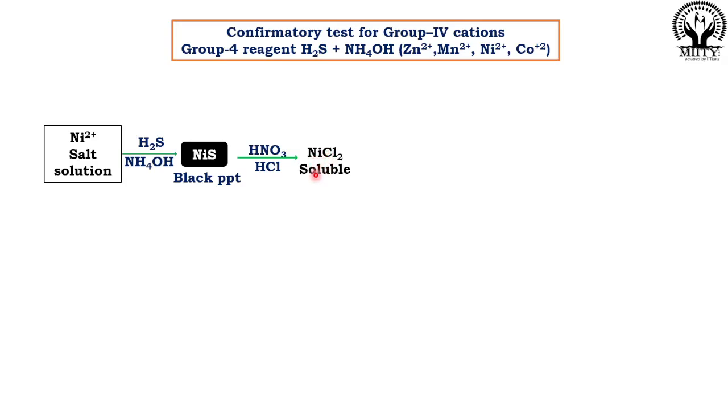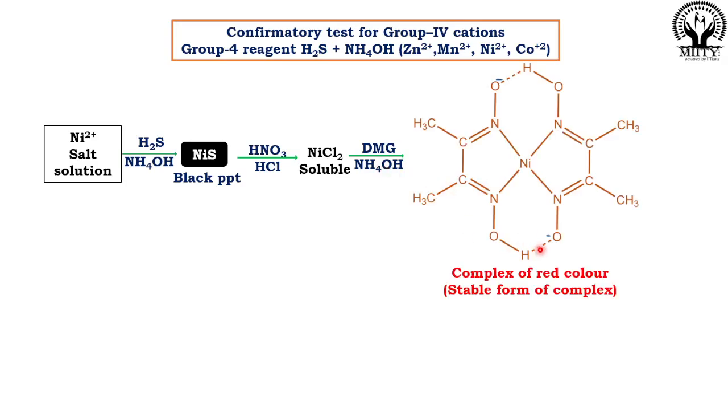To this nickel chloride solution, we add dimethylglyoxime in the presence of ammonia so that it forms a nickel complex, and the complex color is red. If you see the structure, four nitrogen atoms are connected forming dative bonds, and here you can see 5-member rings. There is also hydrogen bonding forming a 6-member ring.